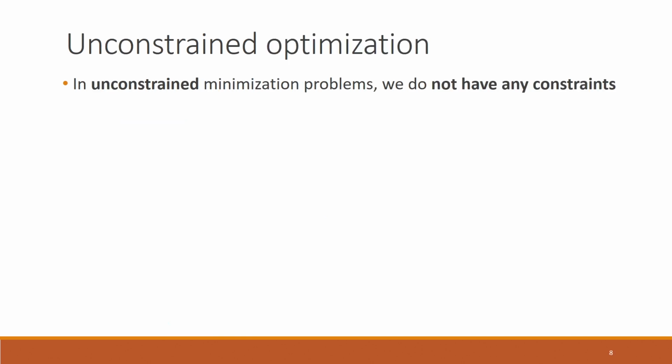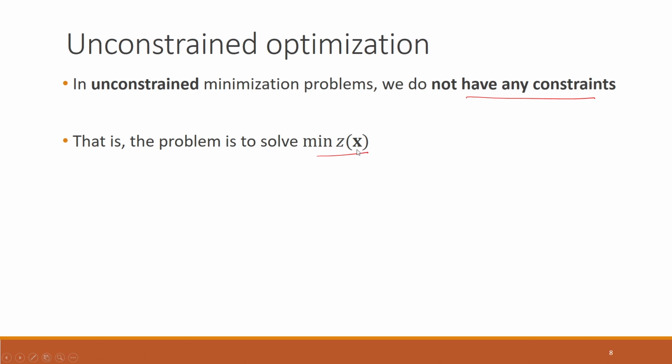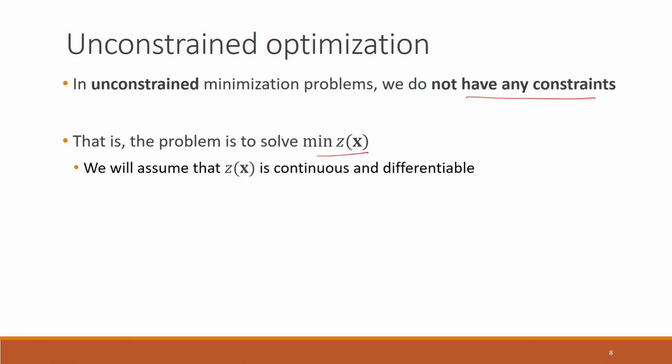So in the unconstrained minimization problems, we do not have any constraints. So then the problem is just to minimize this function z(x). Okay, now we will be assuming that this function z(x) is continuous and differentiable. Okay, so this would not have been possible if we were working in the domain of discrete optimization.